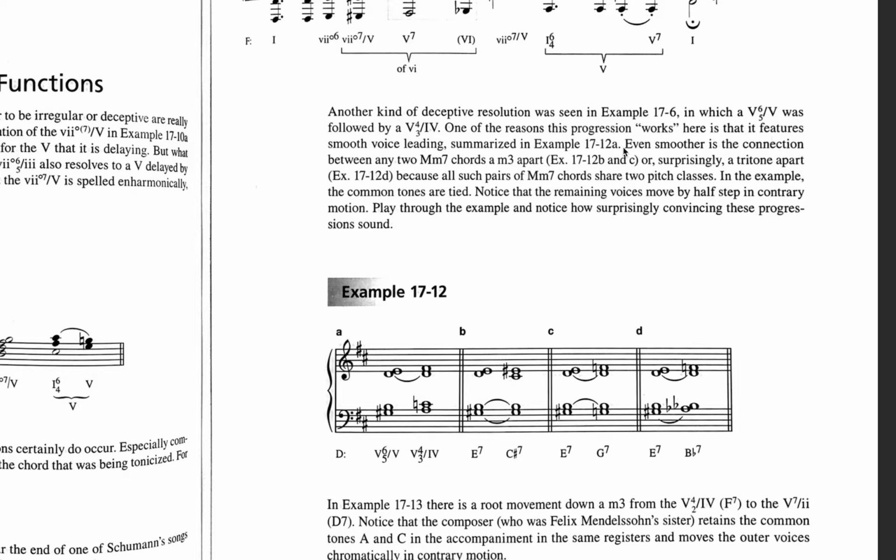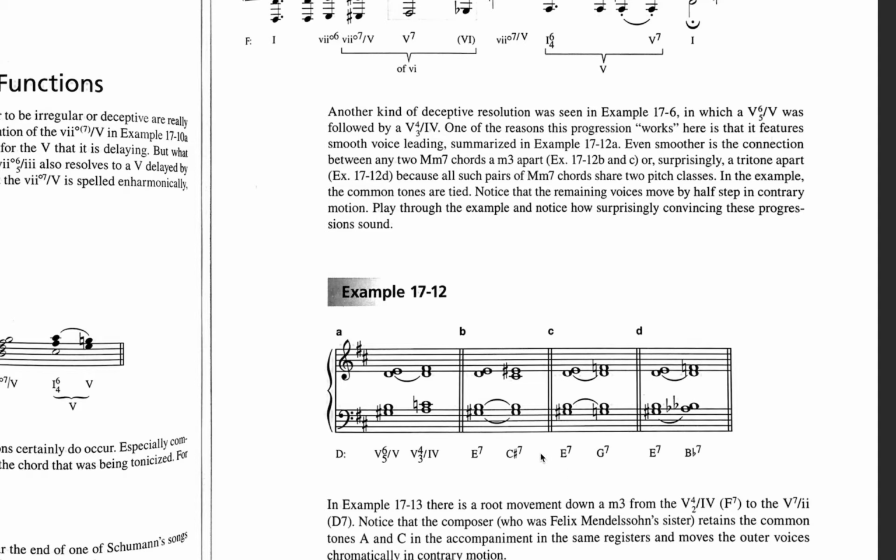Okay, and it says here, even smoother is a connection between any major minor 7th chord a minor third apart. Yeah, I said major or minor third, but especially minor third apart. Or, surprisingly, a tritone apart. Because all such pairs of major minor 7 chords share 2 pitch classes. If you go a major third apart, then there will be only 1 pitch the same.